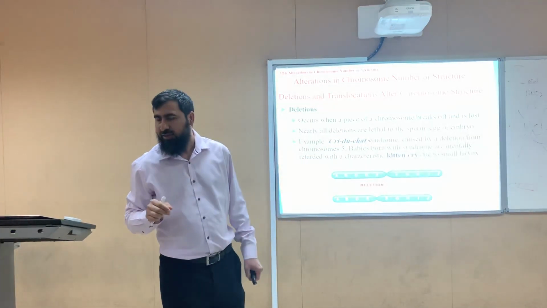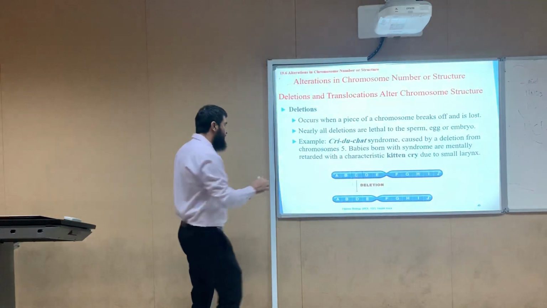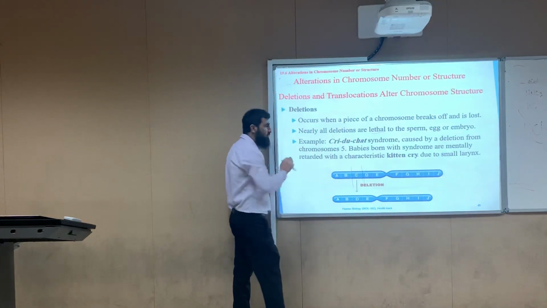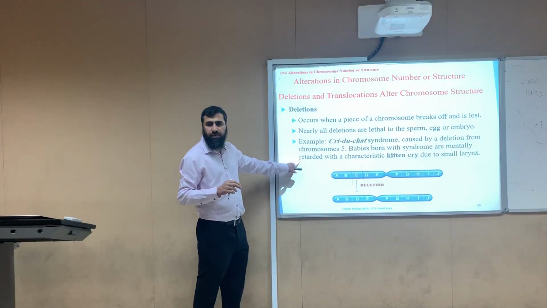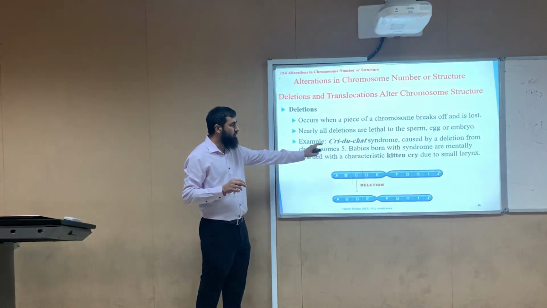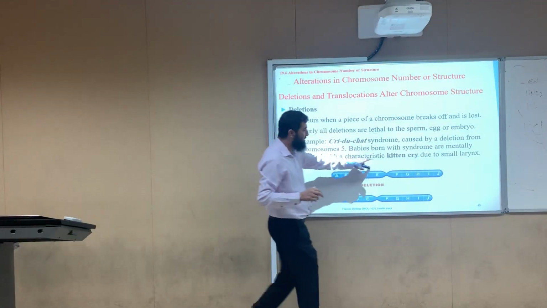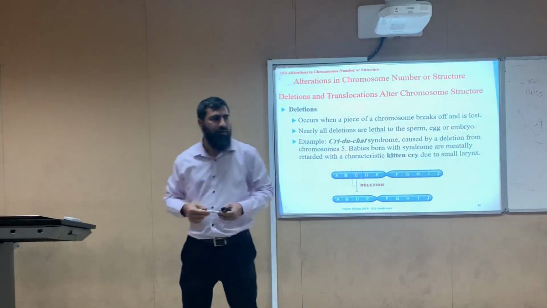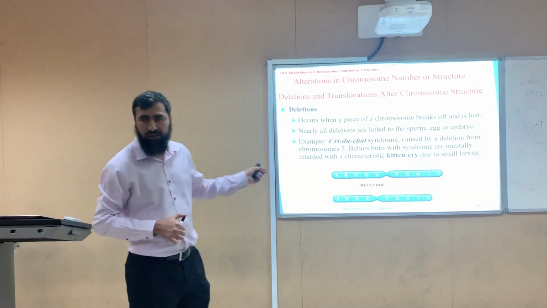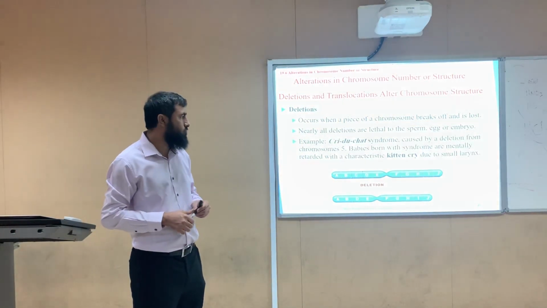So in Cri-du-chat syndrome, there's a deletion in chromosome number 5, which leads to severe mental retardation and this characteristic kitten cry because of the small larynx, and that's how you can detect this disorder.